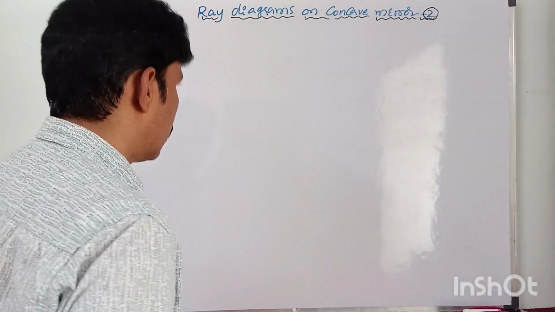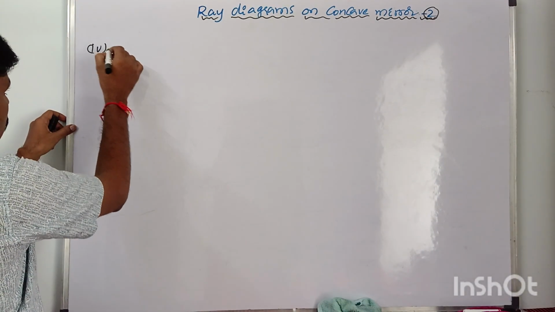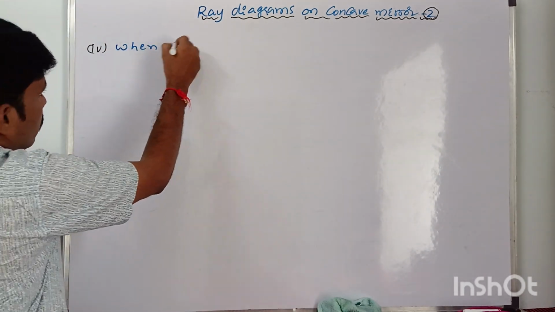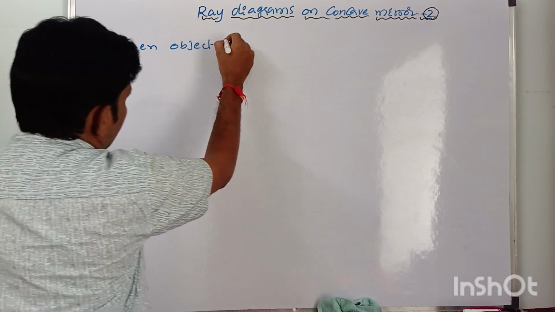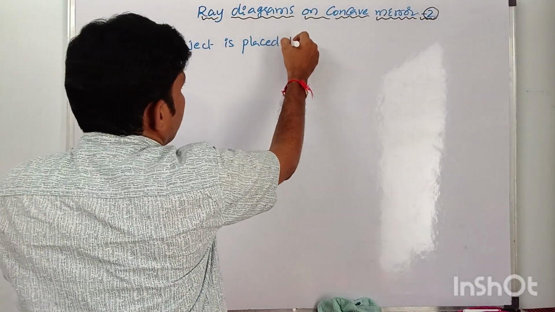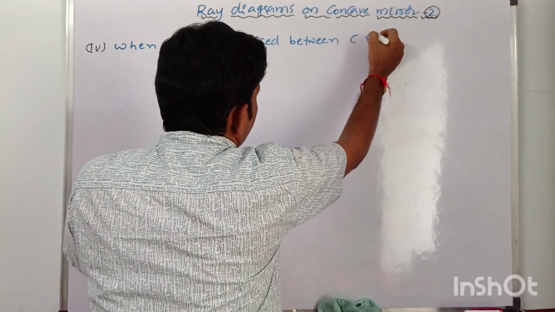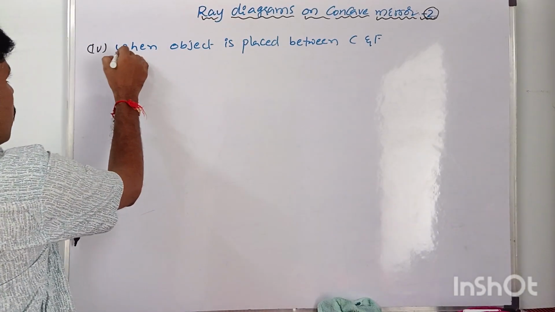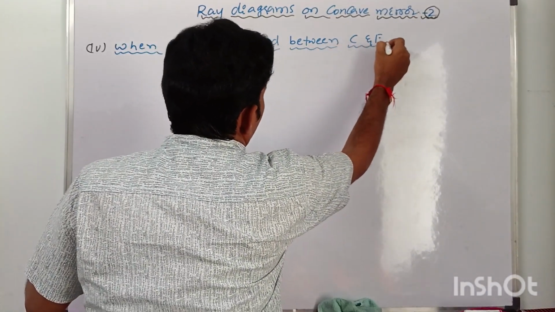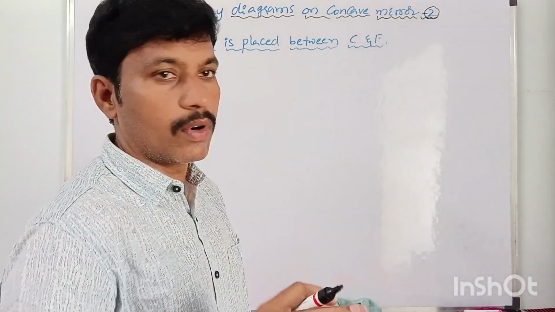The fourth case on the concave mirror: when the object is placed between the center of curvature and the focus point.